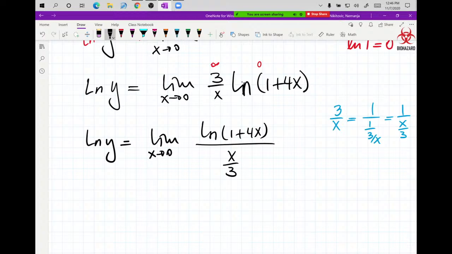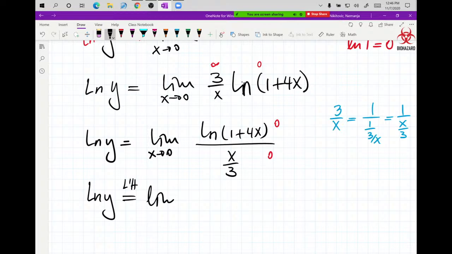It makes everything easier. So now you can see it's 0 over 0 easily, because when you plug in x equals 0, divided by 3 gives you 0 in denominator. We take some derivatives and we are done. So this is actually a very fast problem.